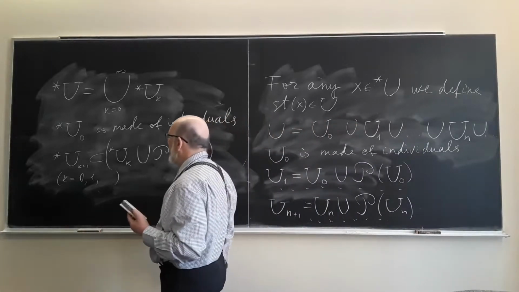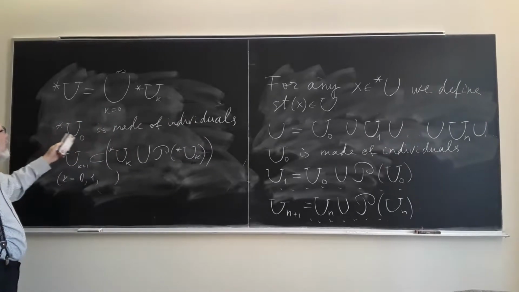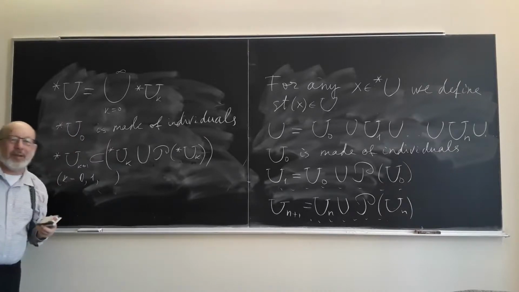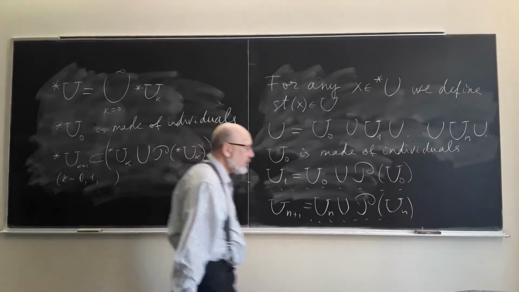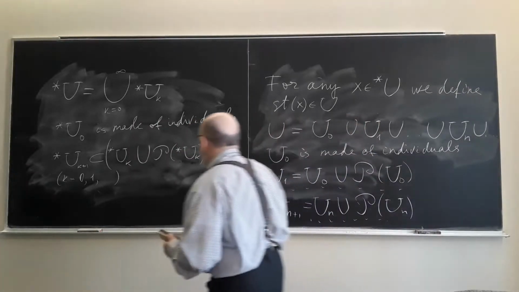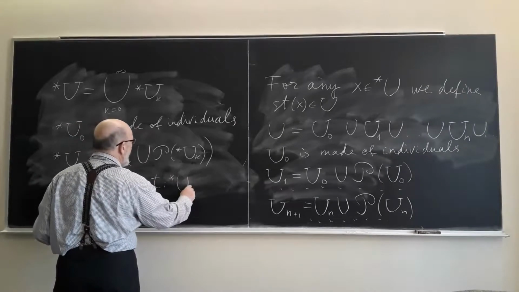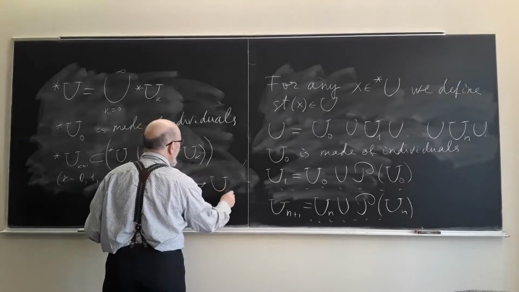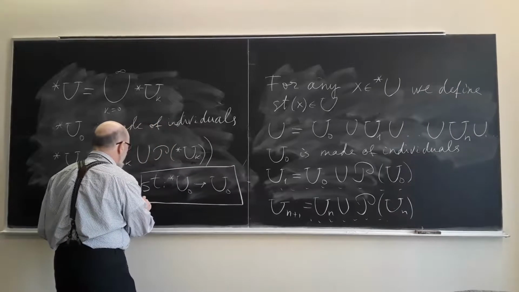So let it be. Anyway, I assume that the standard part is defined for all elements of this zeroth level, star U0. And let us go farther. Standard part maps star U0 to U0. This is already defined.